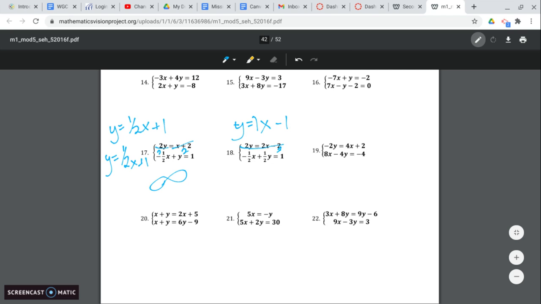In this one, if we divide everything by 1/2 and rearrange it, we'll end up with y equals 1x, and then 1 divided by 1/2 is going to give us 2. So are these the exact same equation? No, they are not. So it's no solution.